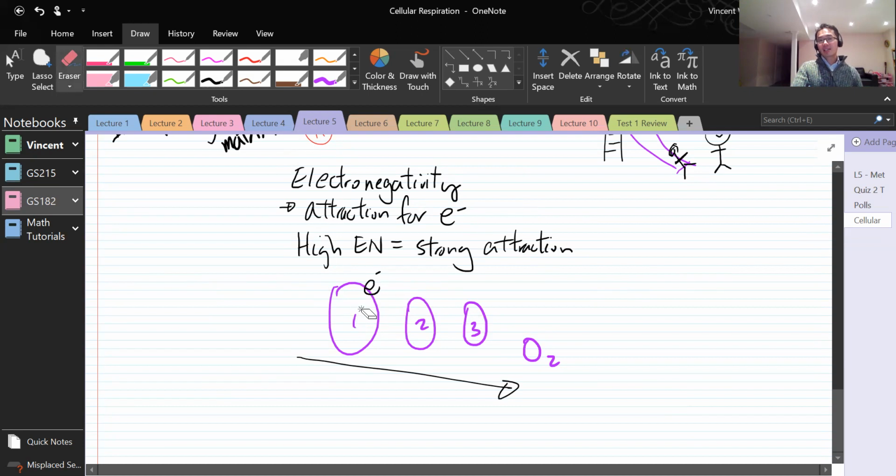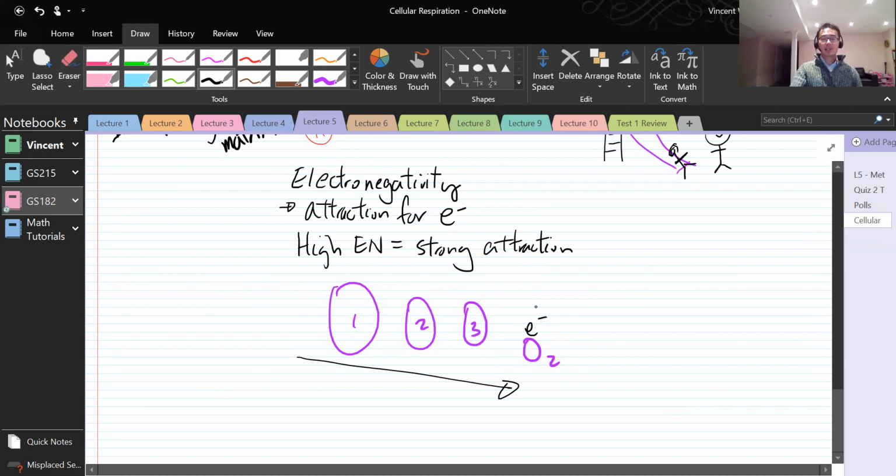If number 1 had the strongest attraction for electrons, it would never let go. Because number 2 is stronger, the electron will be transferred to number 2. And then number 3 is even stronger, so it's going to go over there. And finally, oxygen is the one with the highest electronegativity, so the electron will be passed on to the oxygen, and then off we go.